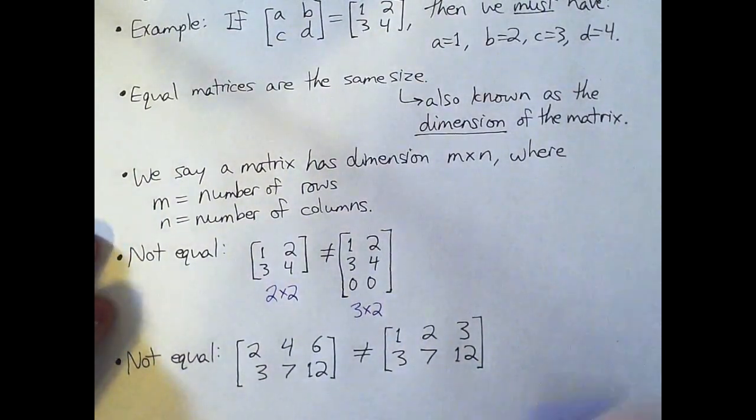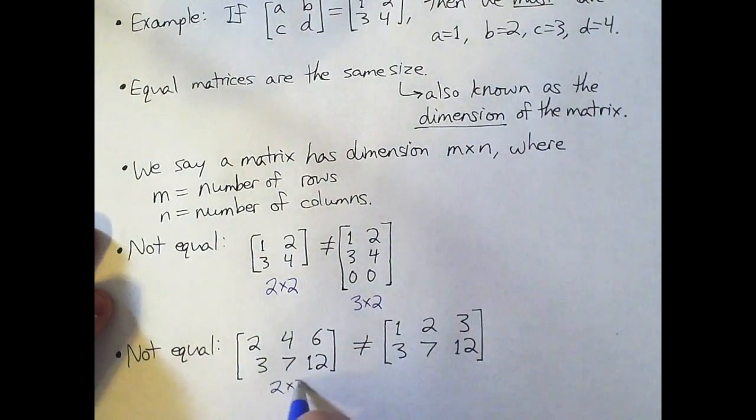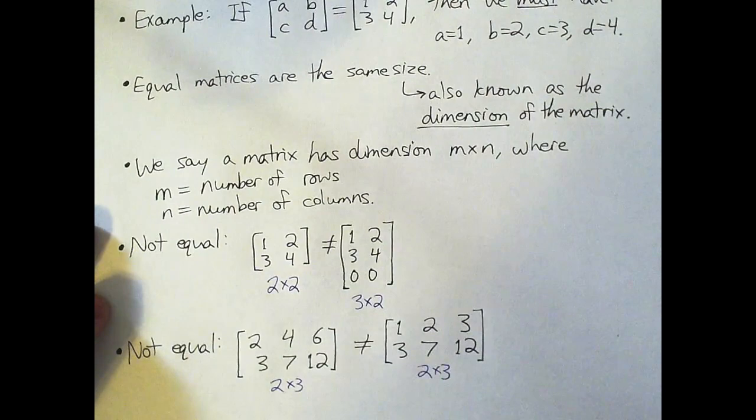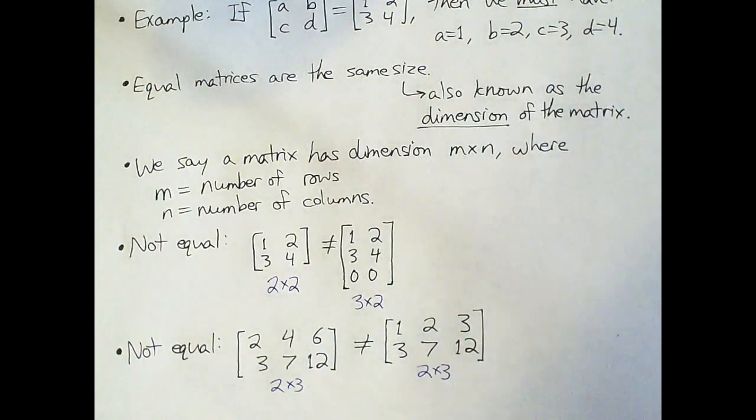By the way, these are both 2 by 3 matrices, so they're the same size. They're not equal to each other, though. And we can tell from what we said above about how we define equality of matrices. Do they have all of the same entries in all of the same positions? No. This one has a 2, a 4, and a 6. This one has a 1, a 2, and a 3.